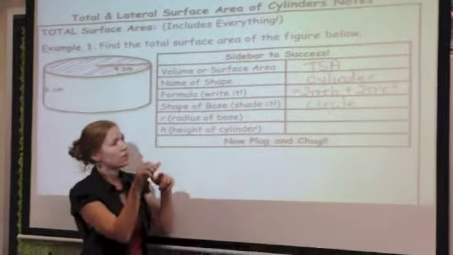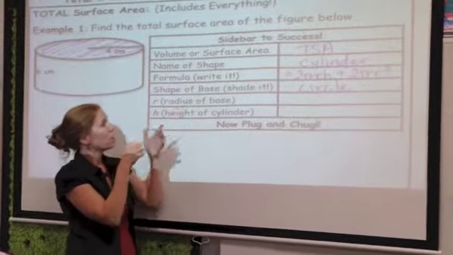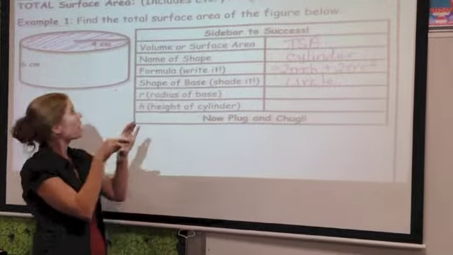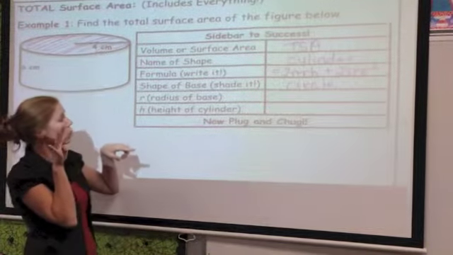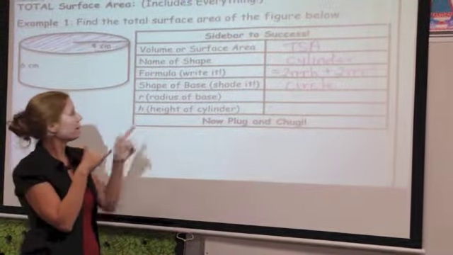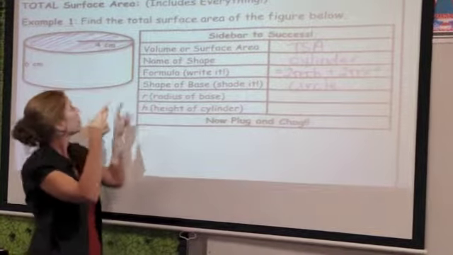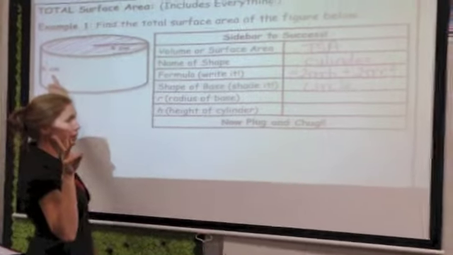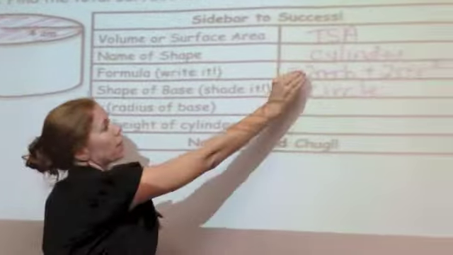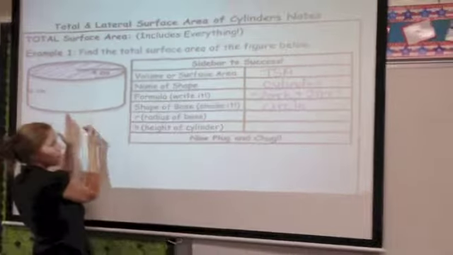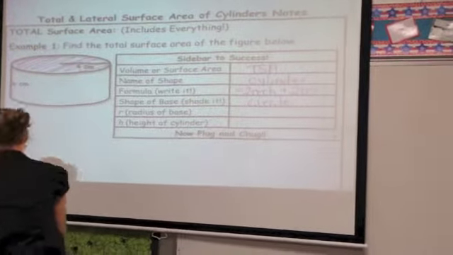Okay, and then I need to do the same process as before. Put down how much is the radius, 4, it is already telling me that, and then the height is 6. I'm going to write that down, and then I'm going to go ahead and copy my formula again here.